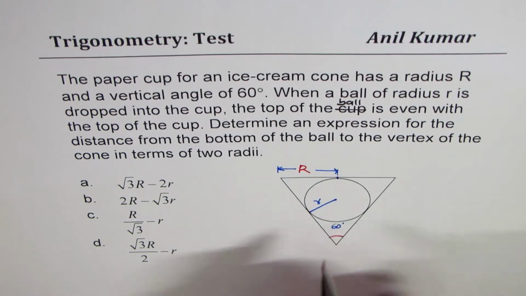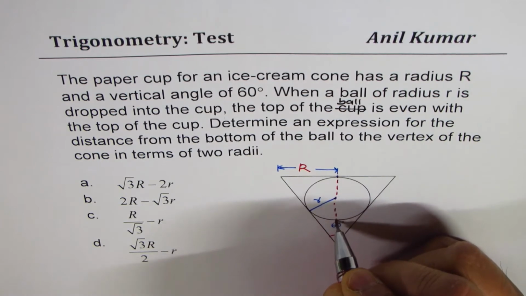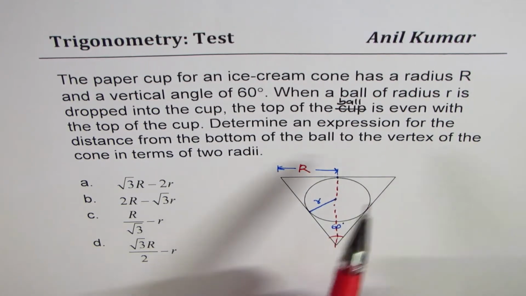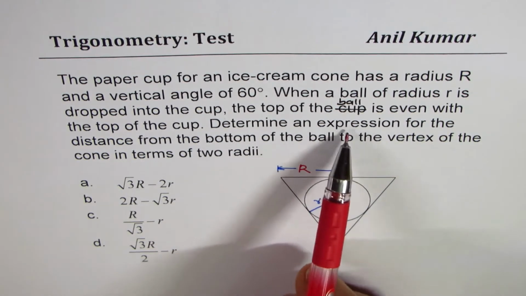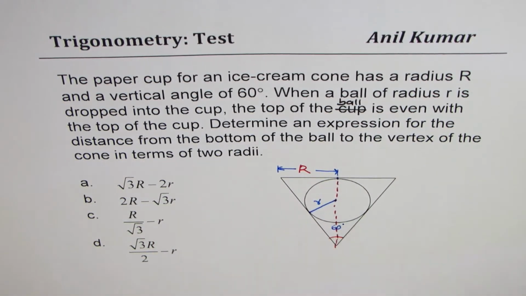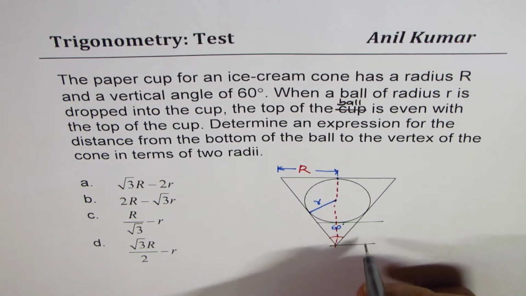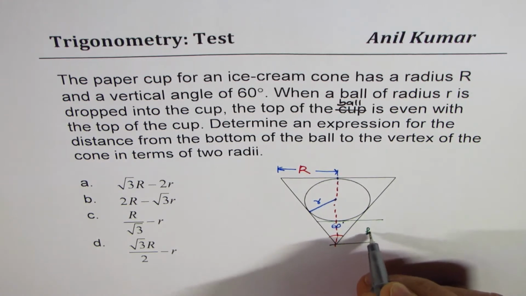We need to find the distance. Let me drop a line here with the center so it becomes easy to communicate. Determine an expression for the distance from the bottom of the ball, so that means this place. Let's use a different ink. This height is something which we need to figure out.